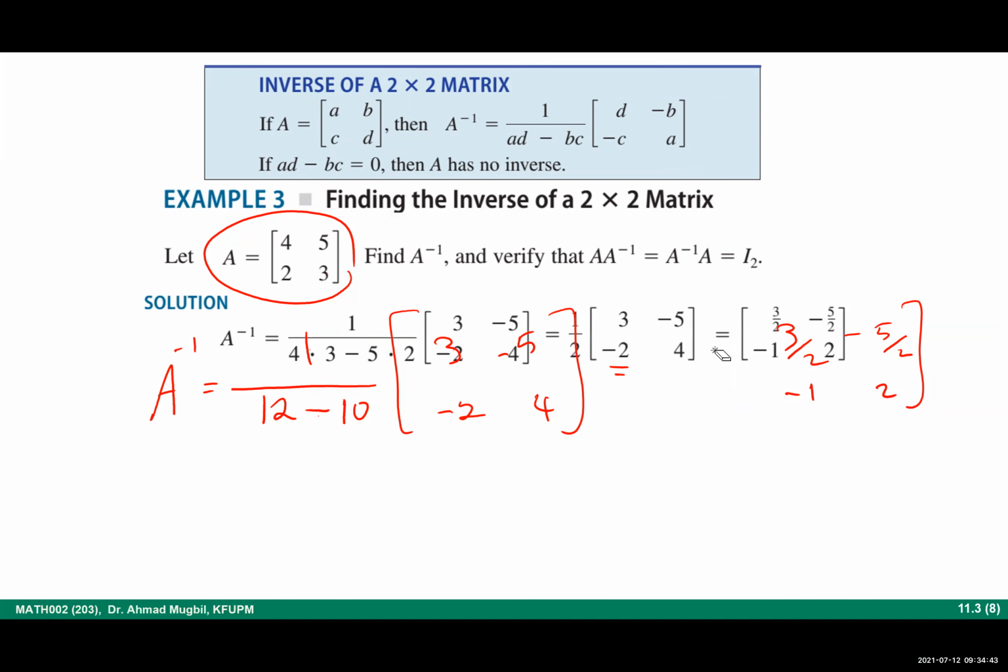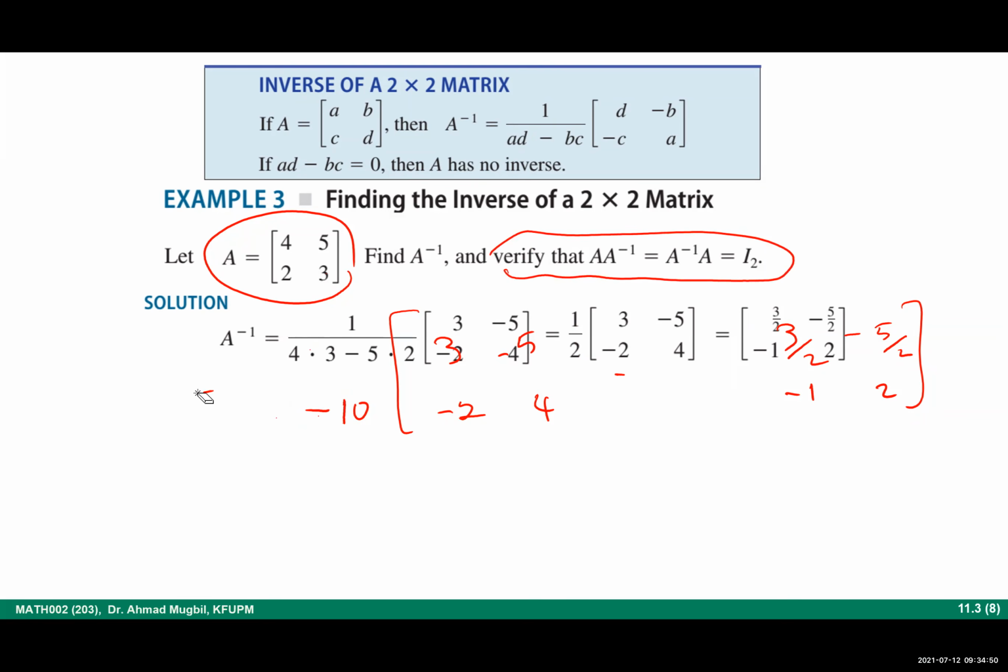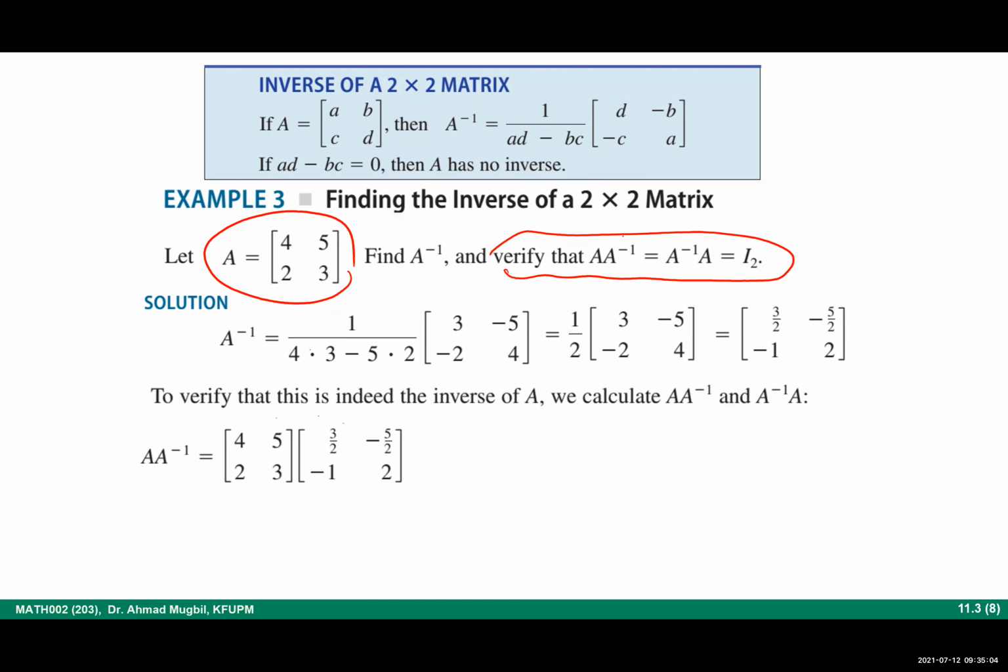Of course, now you need to verify how to check that what you obtain is the right matrix. How to check that this matrix is really the inverse? How to check it, shabab? Just multiply. Now, when you multiply, be smart, by the way. This is A, this is A inverse. You can multiply, but look here, you can avoid working with fractions. How to avoid working with fractions? I think you remember, shabab, what I told you.